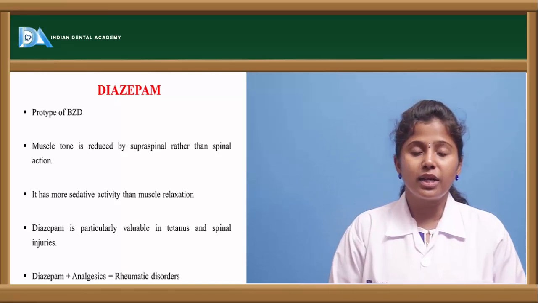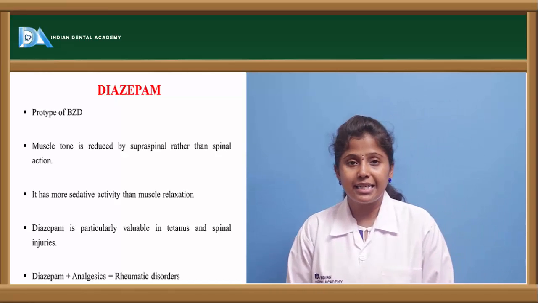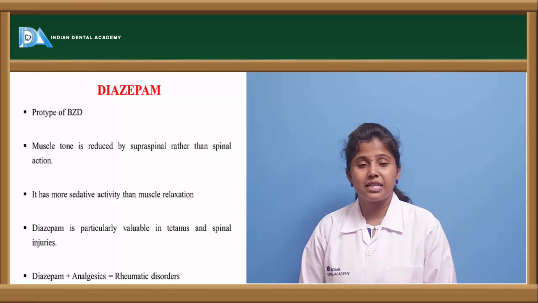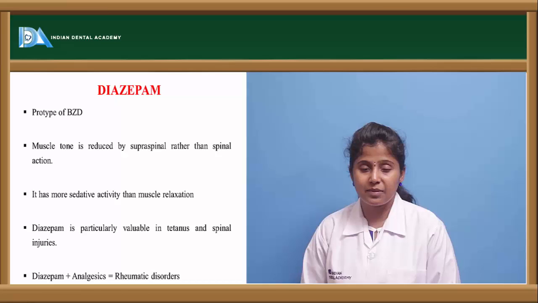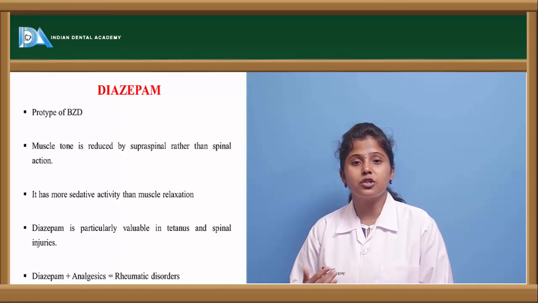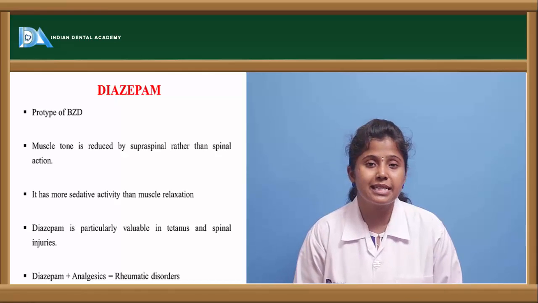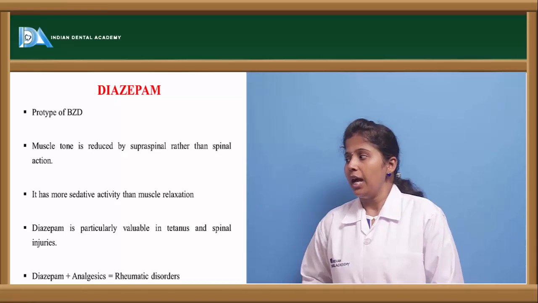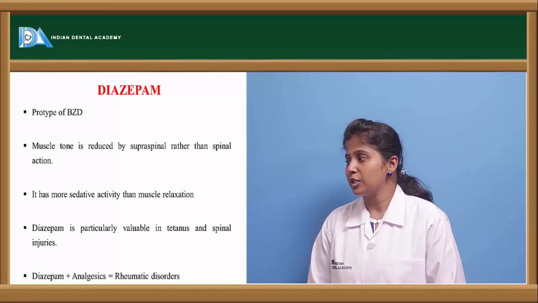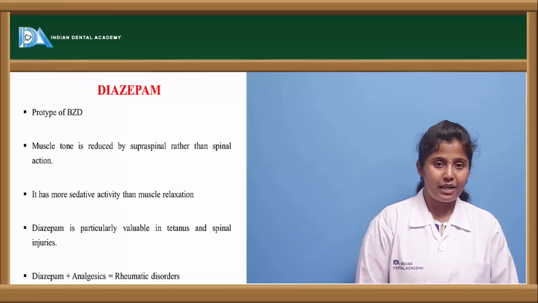Now we'll see the benzodiazepine analogs, that is diazepam. So diazepam is a prototype of benzodiazepine. We can say this is the first derived benzodiazepine to exert the action, and from the structural modifications of diazepam came the other benzodiazepine drugs. It is used to reduce the muscular tone, especially by the supraspinal rather than the spinal action.